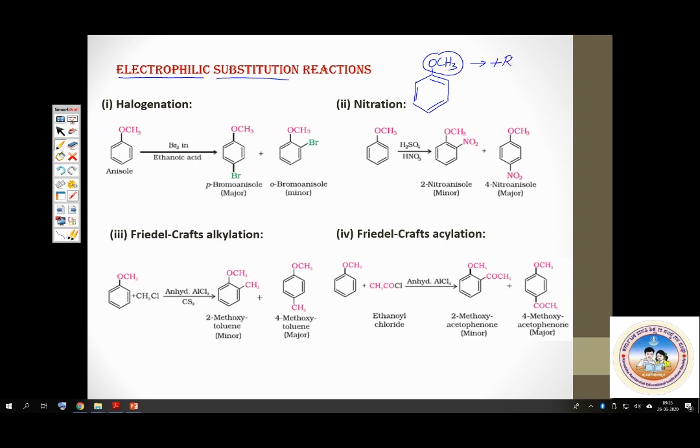At the same time, it is highly activating, ring activating.